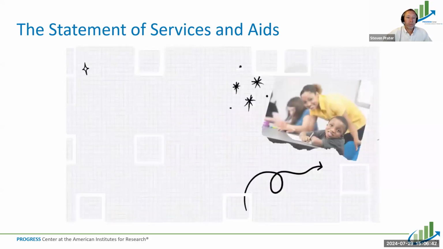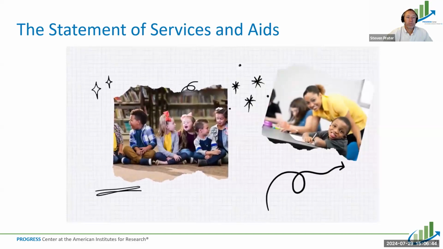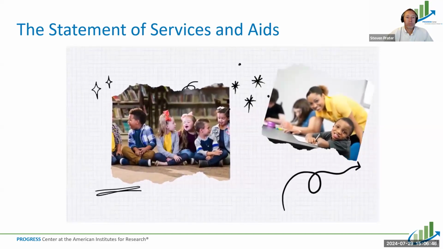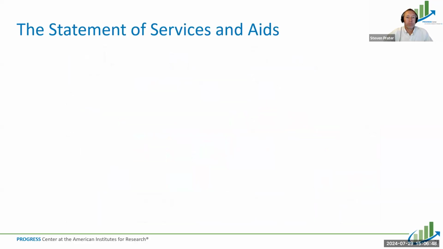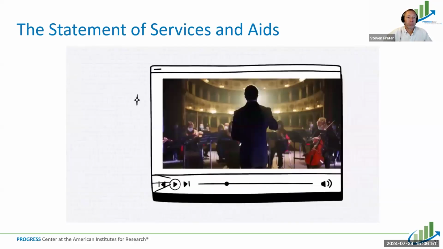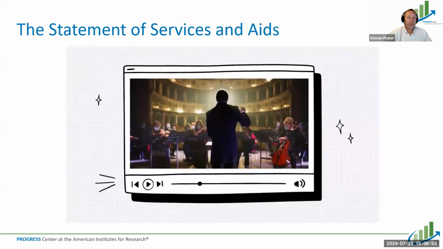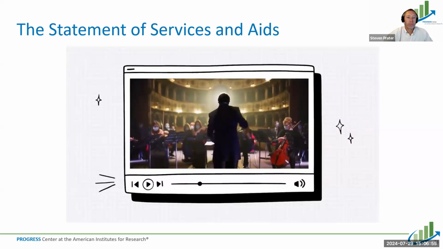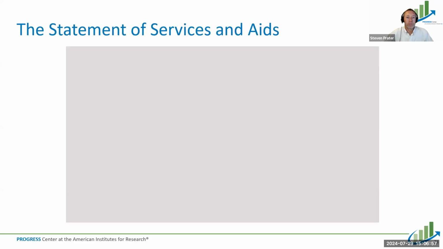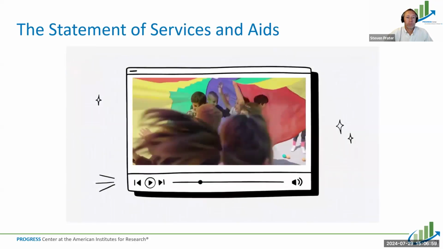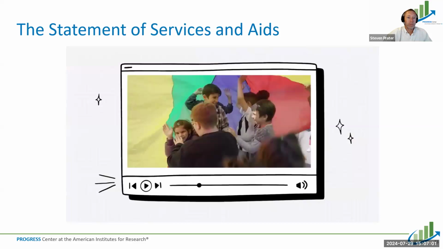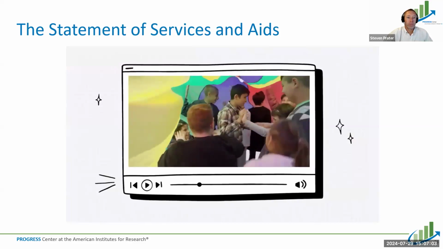By working together, these services create a powerful educational experience that supports the needs of the student. So let's celebrate the wonderful symphony of support that the Statement of Services and Aids brings to the IEP process. It's a true masterpiece that helps students with disabilities reach their unique potential in school and beyond.